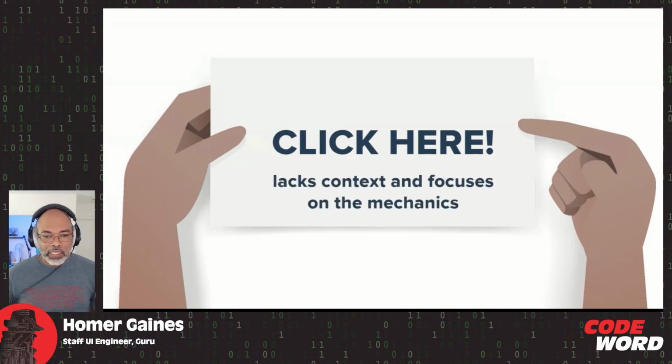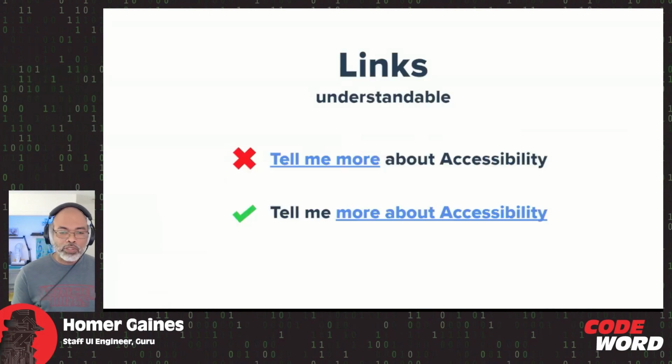Reason being, it lacks the context because we are more focused on the mechanics of the action that is used. This is more like a CTA, call to action. Yes, click here. But what am I supposed to do? Instead, for our links and for our buttons, this falls underneath understandable.